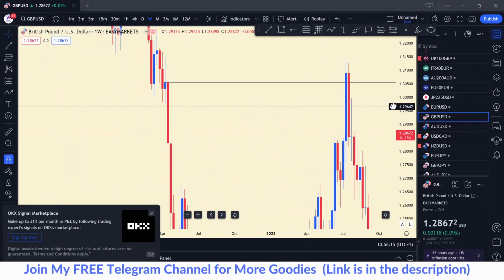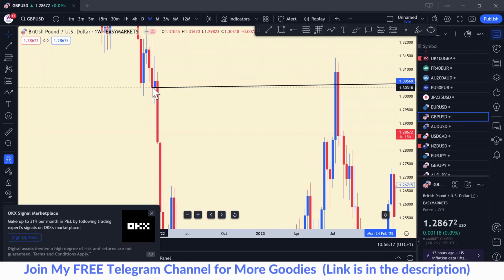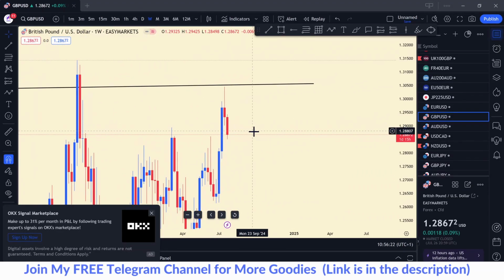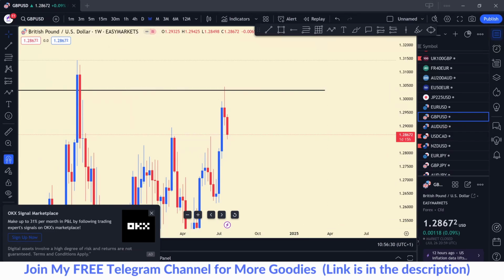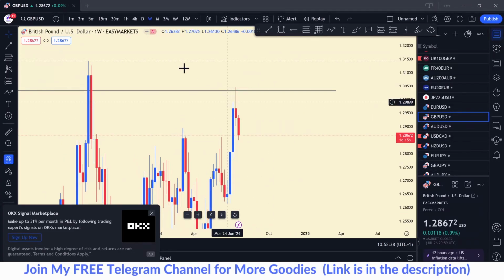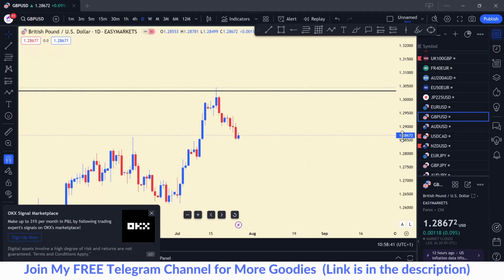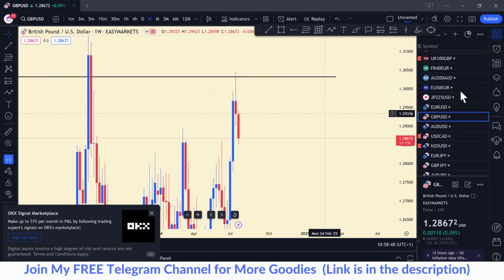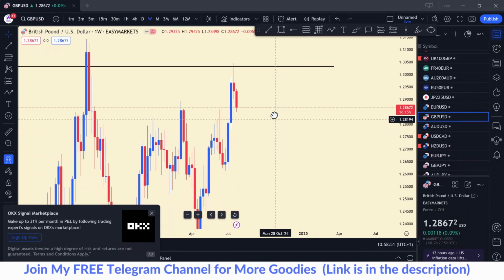We didn't get there. So definitely it was a classic of this. So as you can see, we have this rejection here. On the daily, we can then say that the pounds USD is bearish based on this weekly rejection.